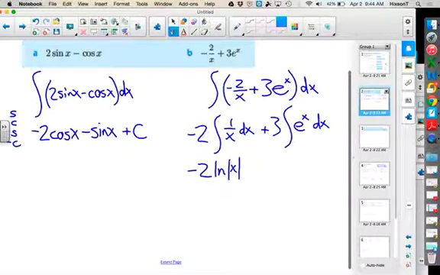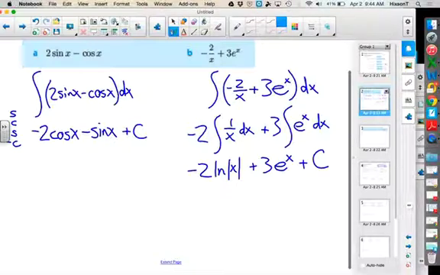Okay? Then plus 3 times, what's the integral of e to the x? E to the x. And then of course, the constant of integration, the plus c.